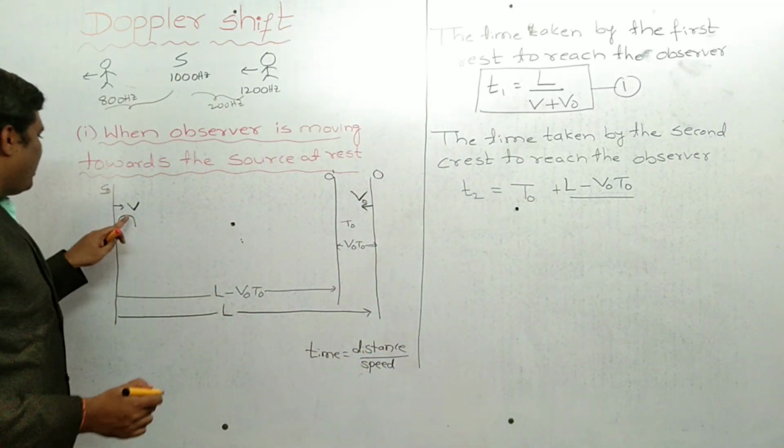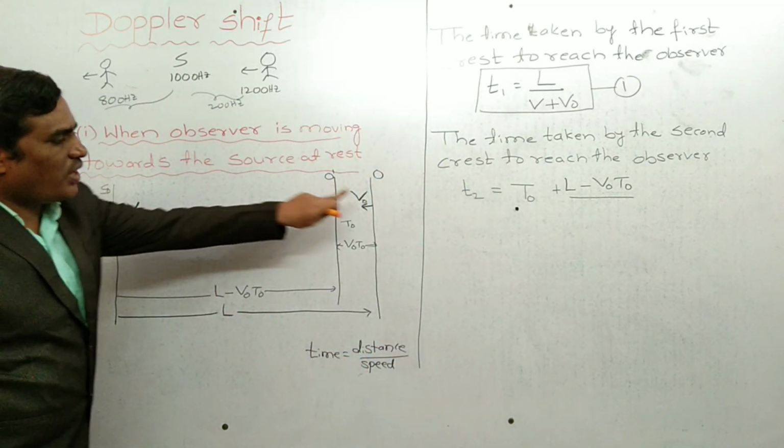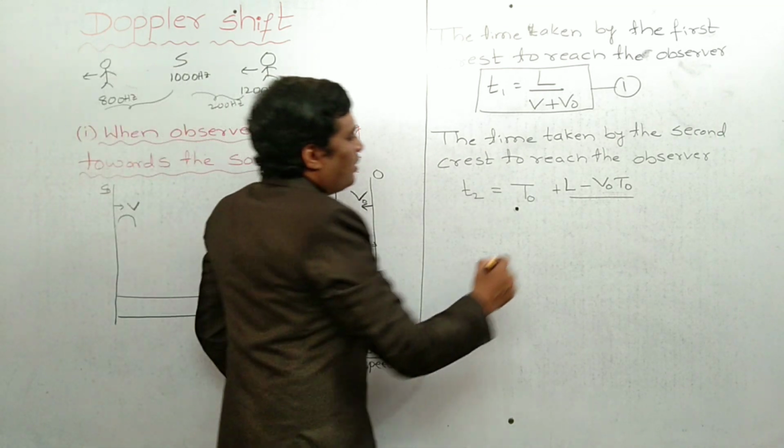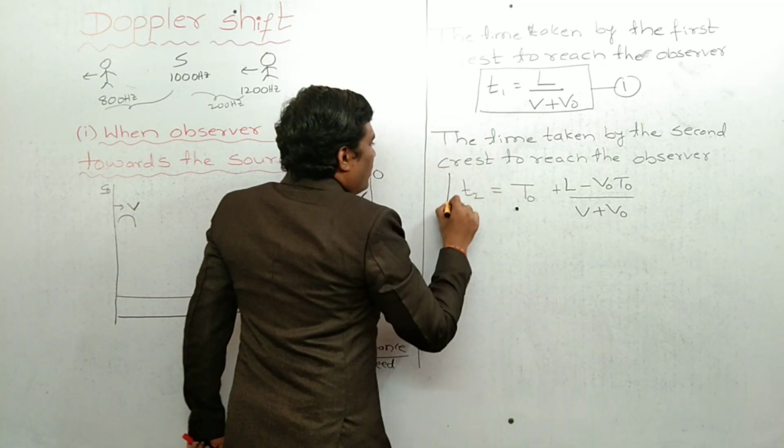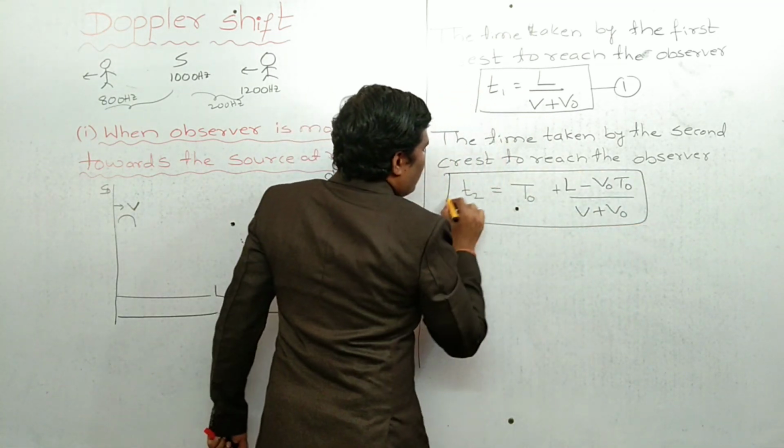Speed means the velocity of the sound plus the velocity of the observer, so v plus v naught. Suppose it is equation 2.